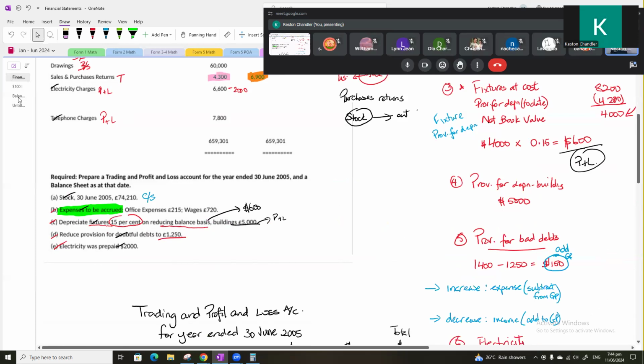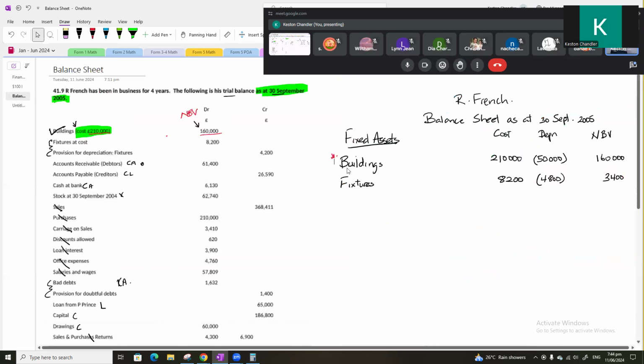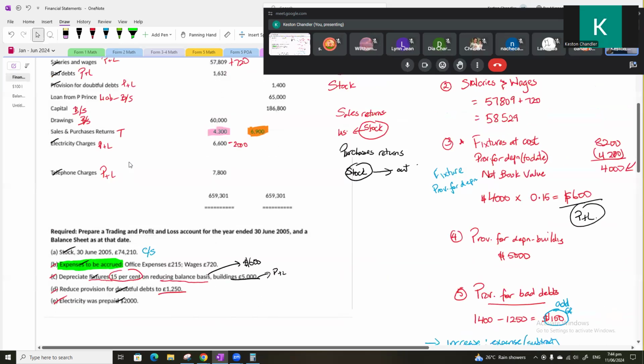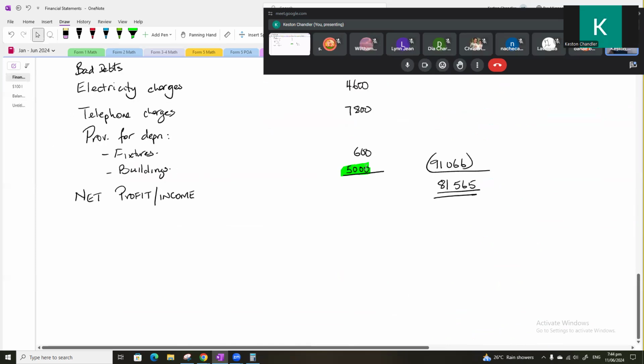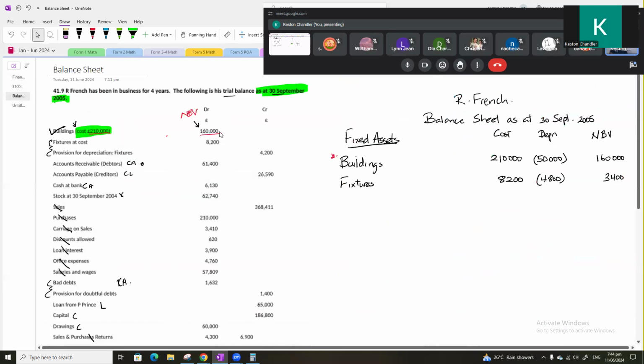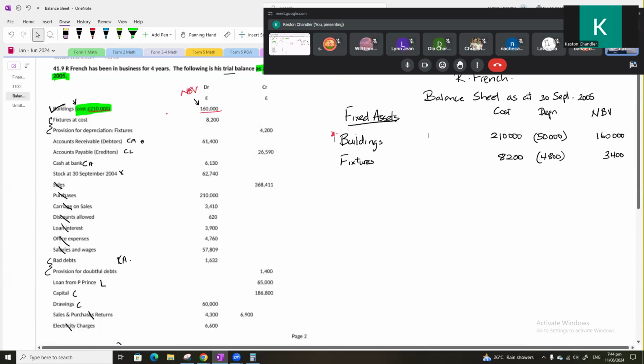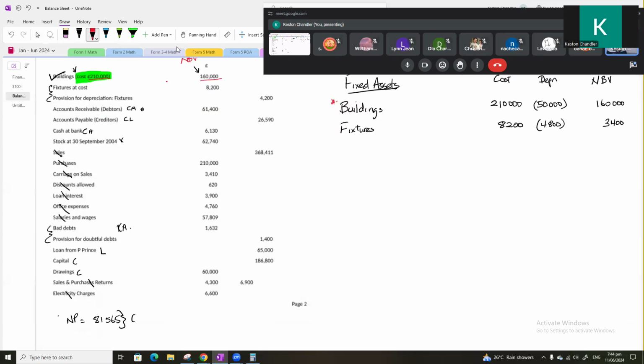So we just put a pin here just in case we needed to add that $5,000 to this provision for depreciation. Right? So now we would use the figures that they gave us here, seeing that we are doing the balance sheet at this date. So we're moving forward because we're focusing on format here.